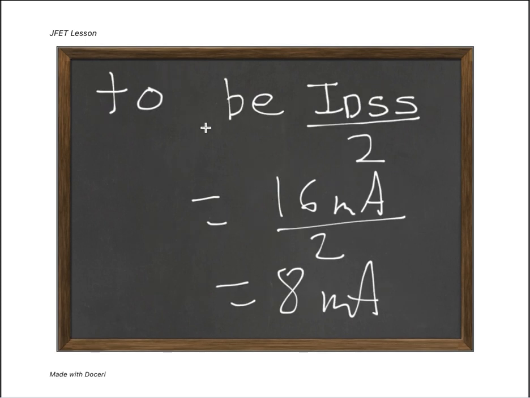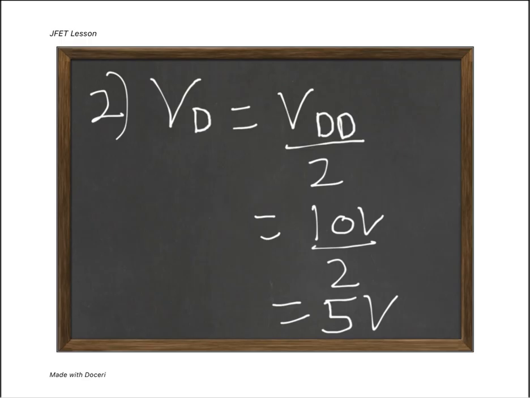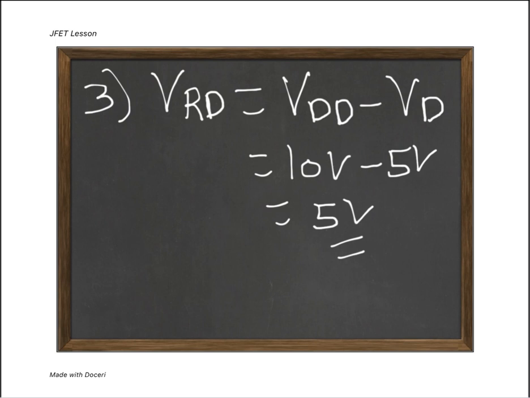The drain current is half IDSS, so we want the drain current to be 8. The drain voltage is the voltage literally from the drain to the common ground. It's half VDD, so we want it to be 5. Okay, that makes VRD 5.